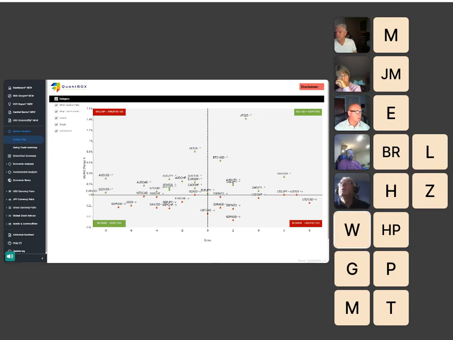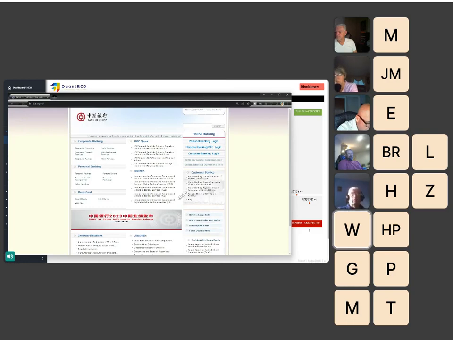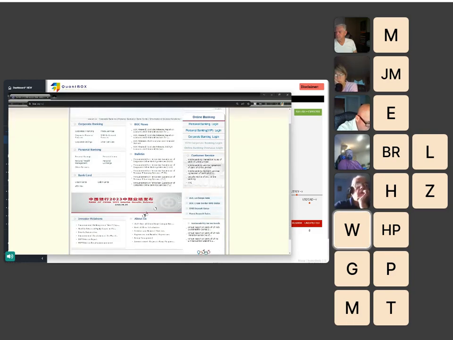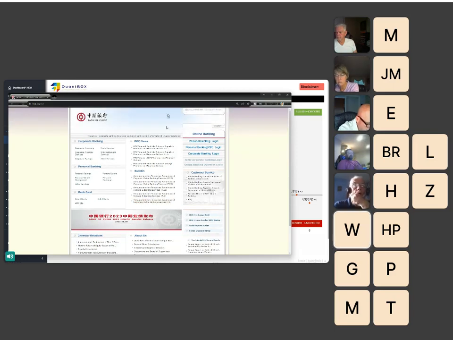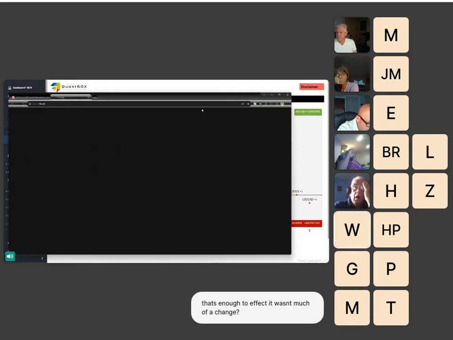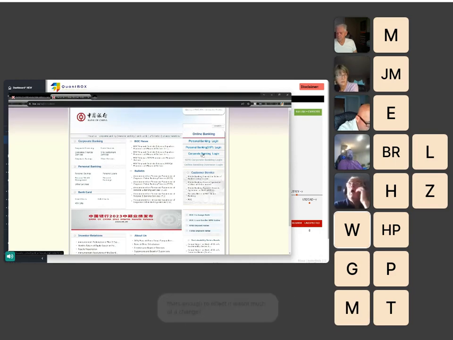Let me just pull that up. It usually doesn't say like, we just cut interest rates. Maybe PBOC research and report on it. Anyways, no, you'll have to Google it. Google it.